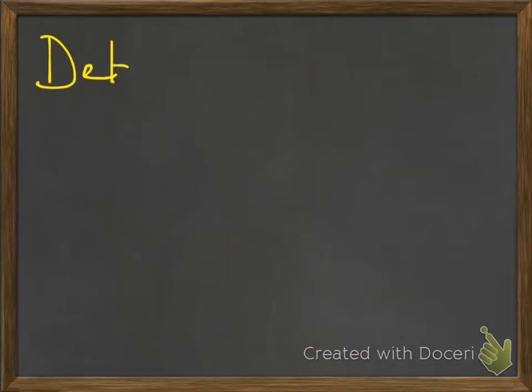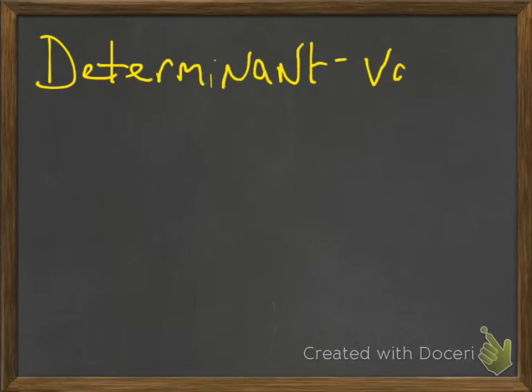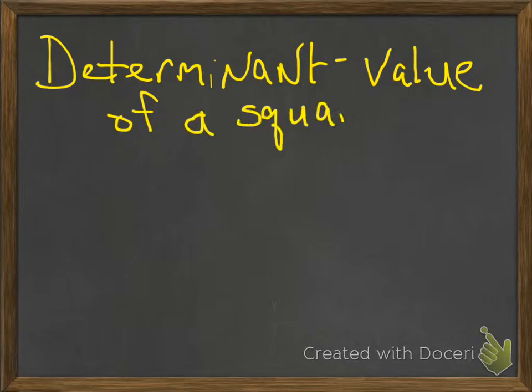Okay, so a determinant is basically a value of a square matrix. So you can only get determinants when you're dealing with square matrices: 2x2s, 3x3s, 4x4s, but we will not do 4x4s, we'll only do 2x2s and 3x3s.